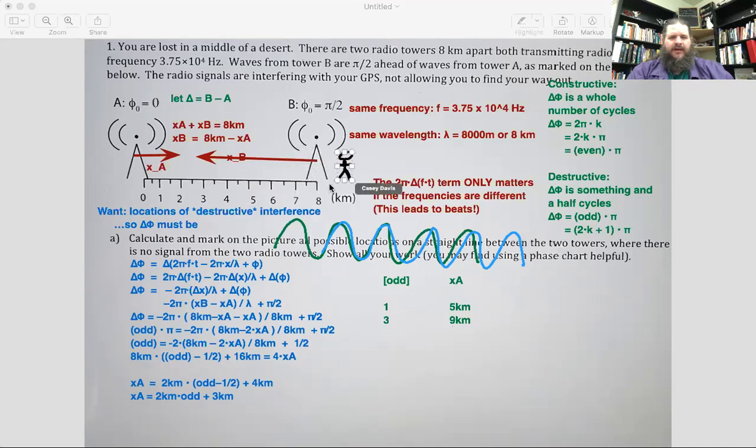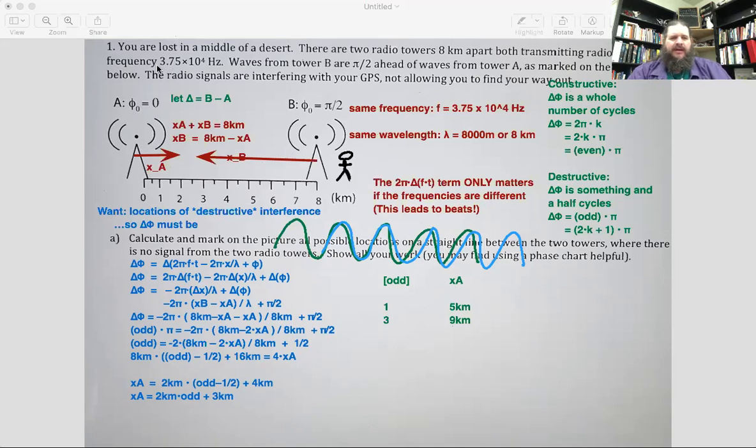If you stand at 9 kilometers, you're outside the region between the towers, and that would require a different mathematical setup, because the whole setup assumed you're somewhere between the towers, which is why XA and XB had to add up to 8 kilometers.